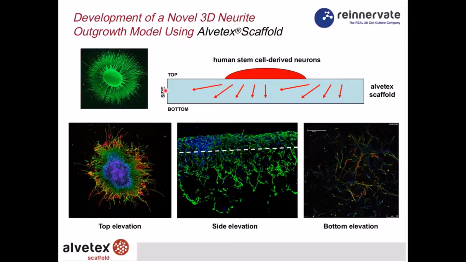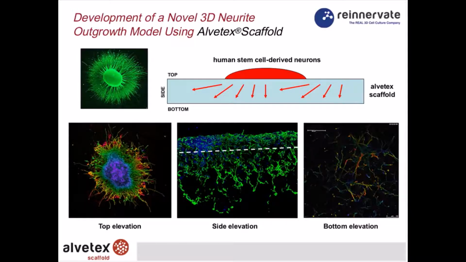So this rectangle here represents an Alvetex disc, and you can visualize cells from either the top, the side, or the bottom using fluorescence microscopy. So there's the top elevation, looking down on top of a neurosphere. We can see the neural pericardia, and here we have green TUJ1 staining for the neurites.